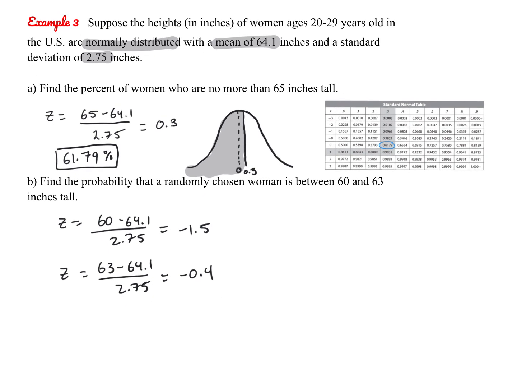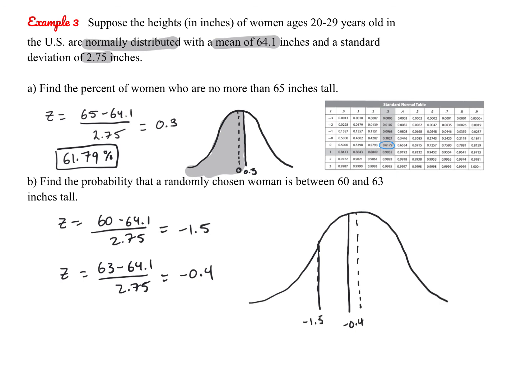Here, just to visualize what's going on, here's 0. We have the z-score of negative 1.5, somewhere around here, and the z-score of negative 0.4 here.